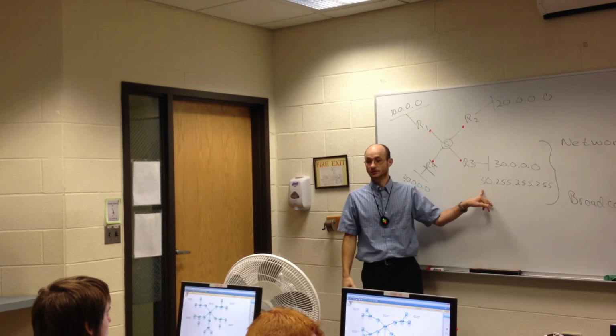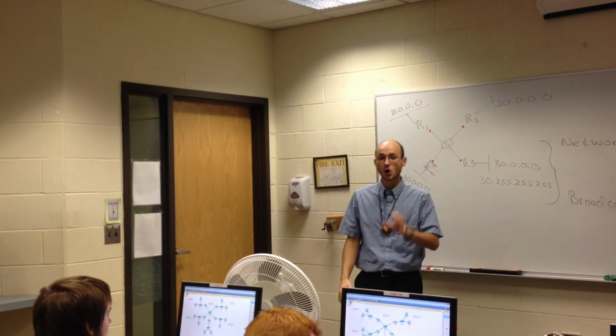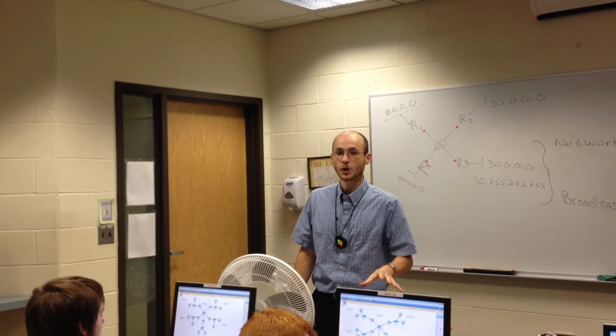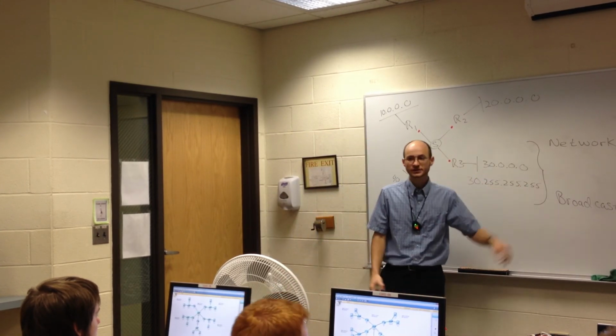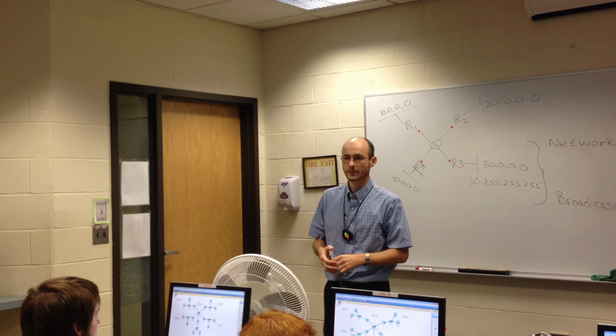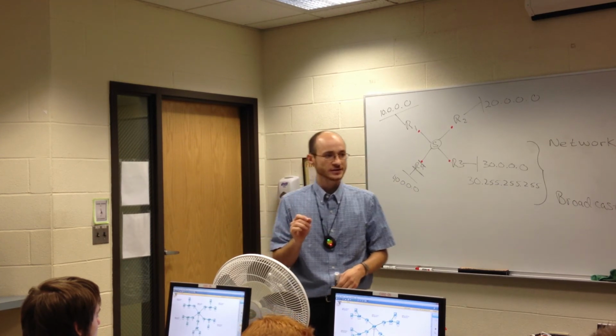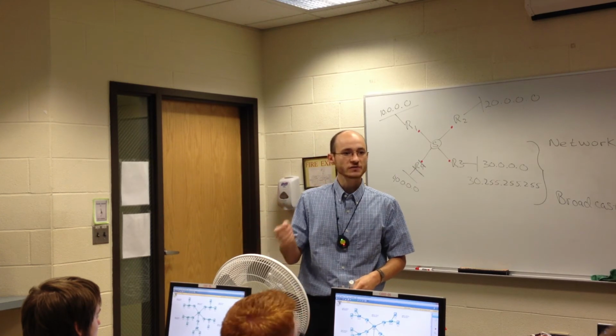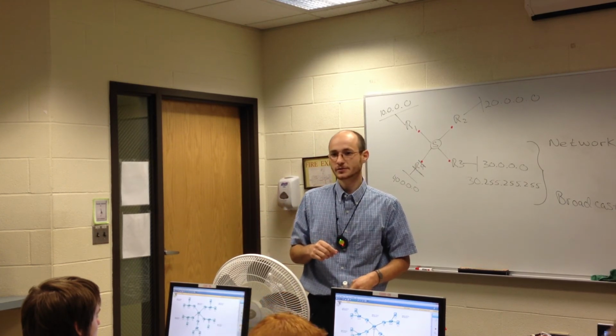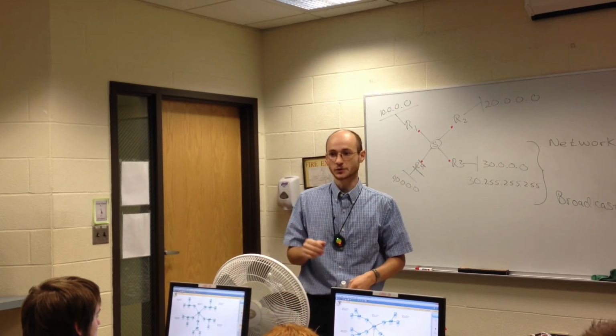The octets, because the 30 isn't all ones, right? More importantly, the host part has all ones in it. Why is my network address 30.0.0.0? Well, if the broadcast address is when you have all ones in the host, what do you think the definition of a network address is? When you have all zeros in the host.